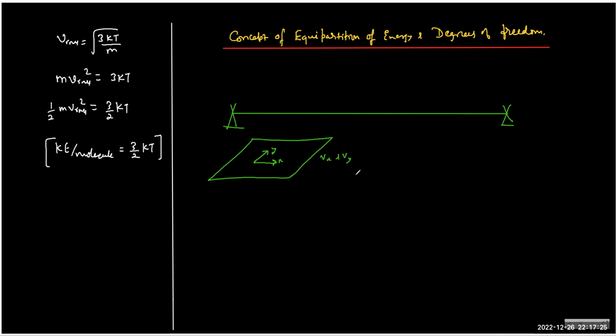You can choose any direction, but every direction can be explained in terms of vx and vy, correct? On a tightrope, we have only 1 degree of freedom, and this is called the translational degree of freedom. In a plane, it becomes 2.